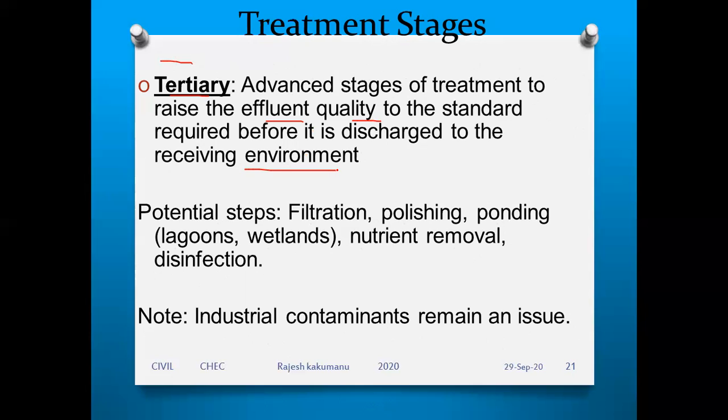That is done in this tertiary stage. Then what are the potential steps to be taken? The potential steps are filtration, polishing, ponding, nutrient removal, and disinfection. So these are the things to be taken while doing the process.